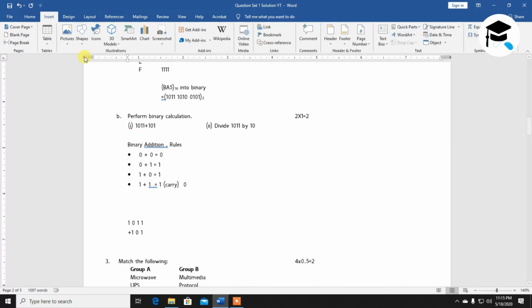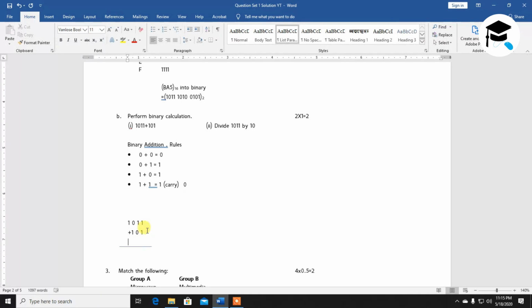Let me bring one dash here, inserting a shape in this way so that it seems as if we are adding them. Let me drag this here. Now let's perform the addition.